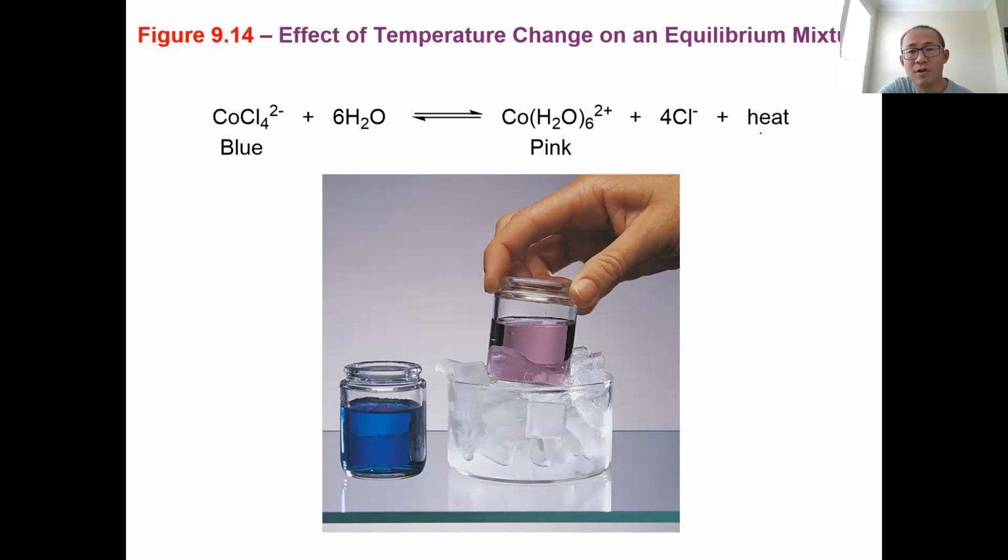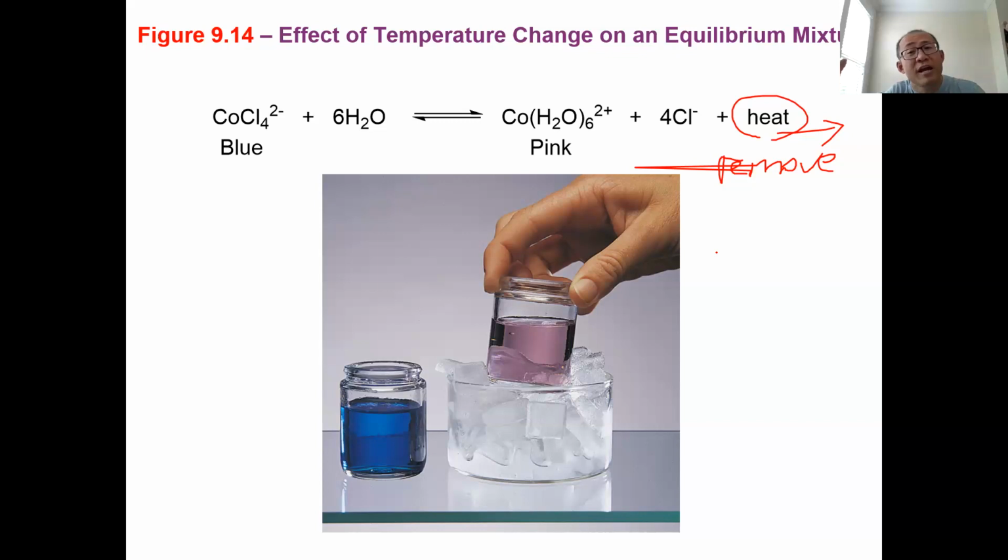This picture shows you an experiment of temperature affecting reaction equilibrium. You can see that in this reaction, heat is written as a product, so we know it is an exothermic reaction. If you put the reaction in ice, that means decreasing temperature, removing heat. When you remove heat, your system wants to produce more heat.